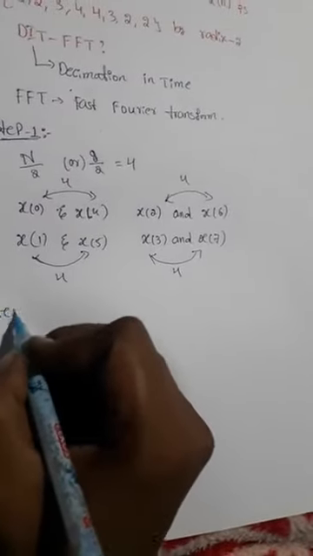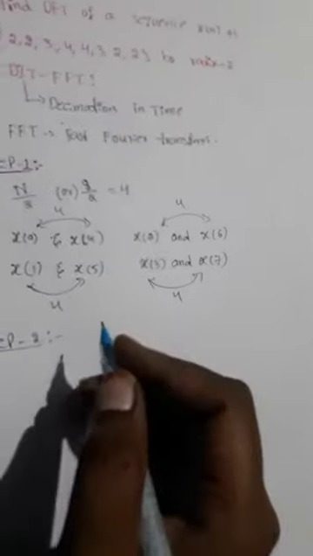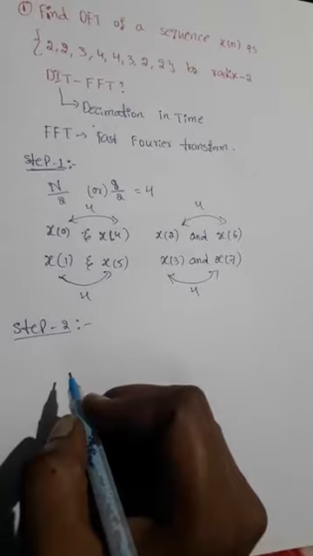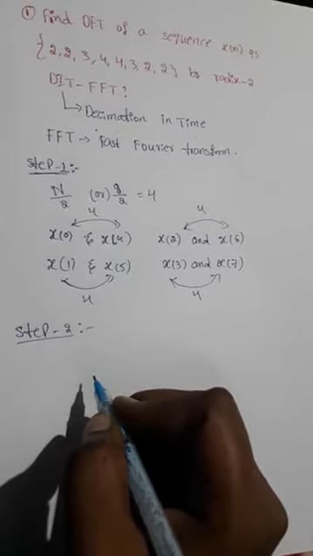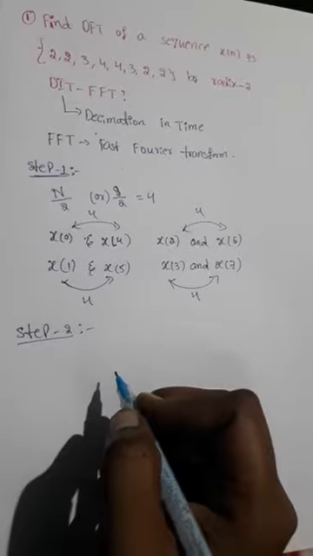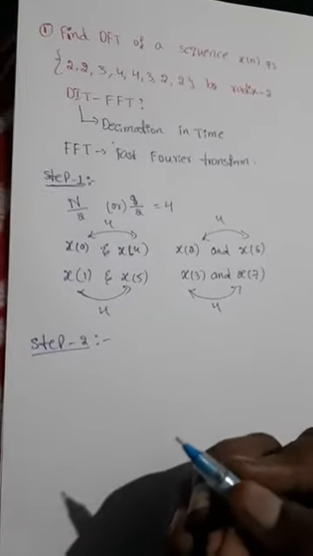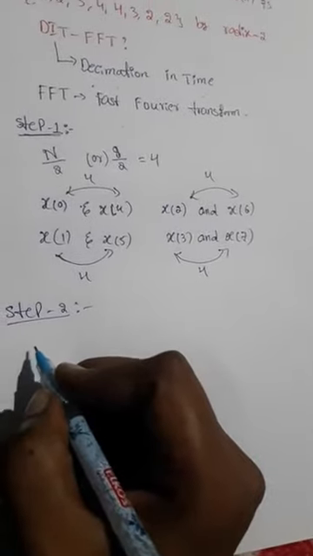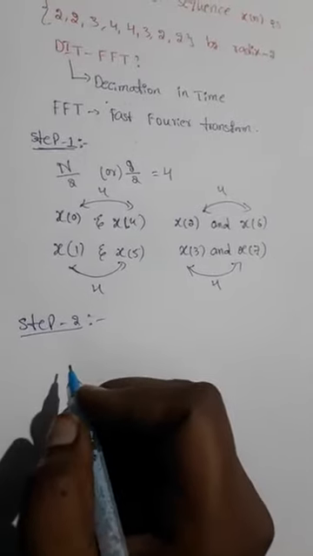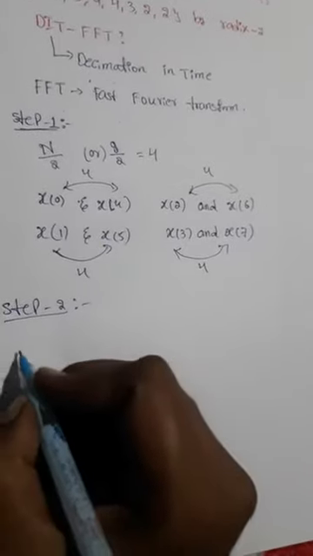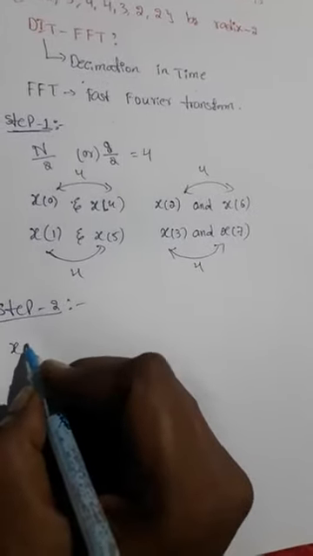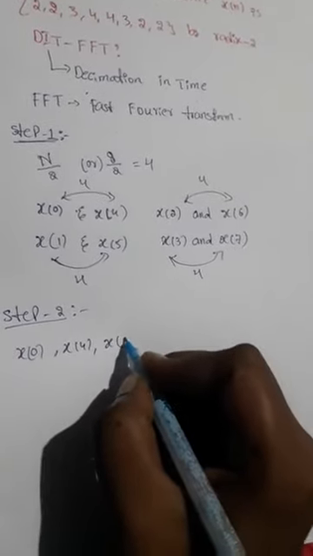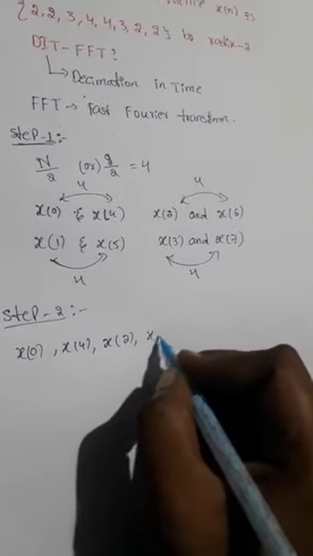And next is step 2. In step 2, we will write the even pairs first, then the odd pairs. This means we write x of 0, x of 4, x of 2, x of 6.